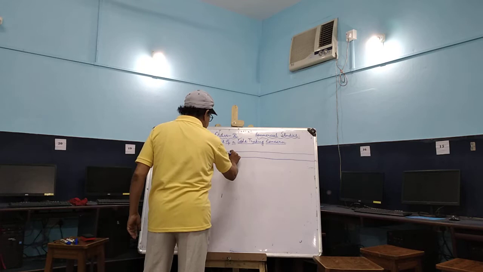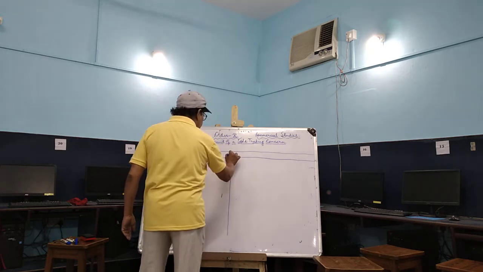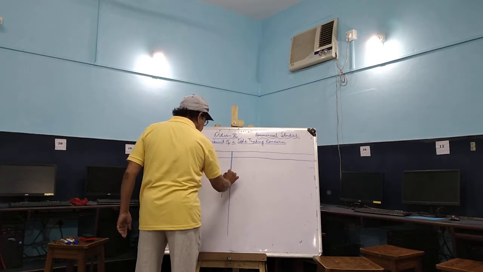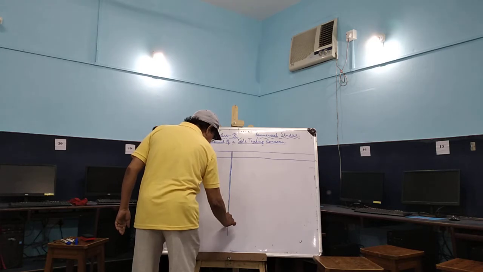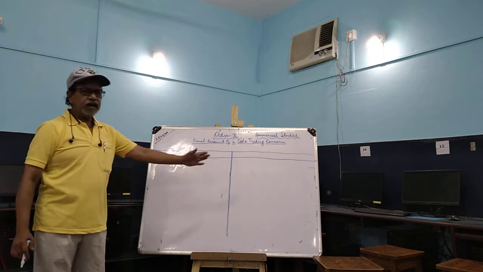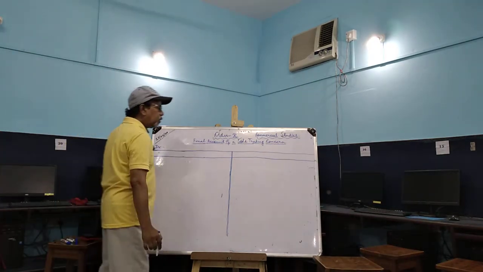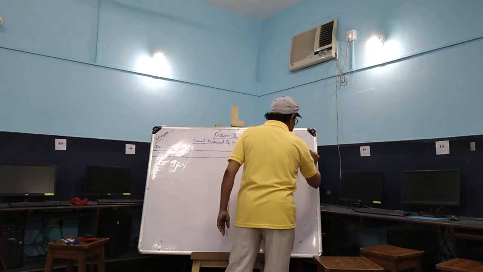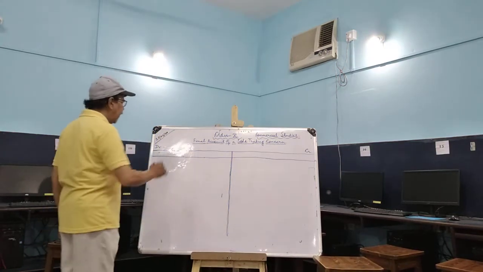Now divide this into two sides, left hand side and right hand side, like before. You can draw a double line here so that the demarcation is very much distinct. Left hand side, we know it is called the debit side, and on the right hand side we write credit side. And at the top, the heading.